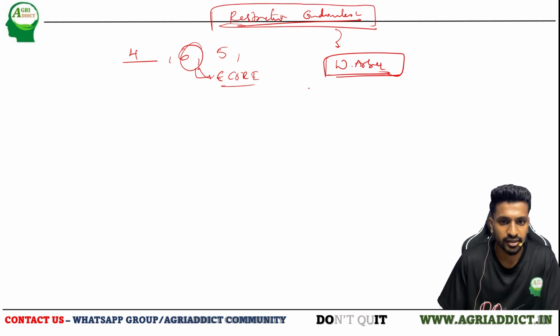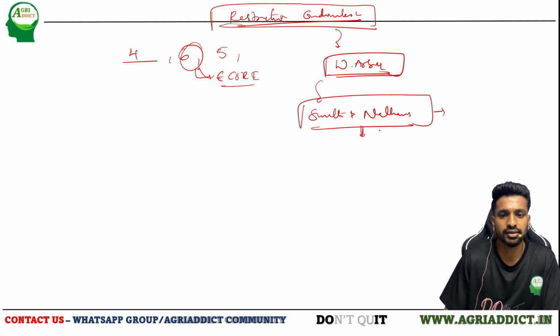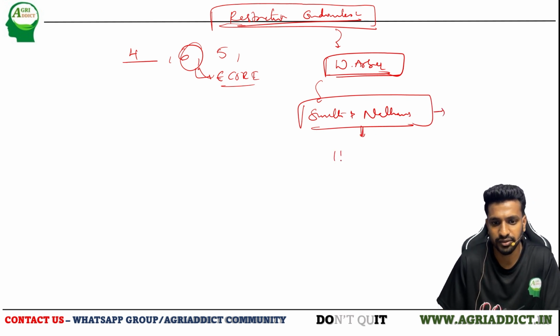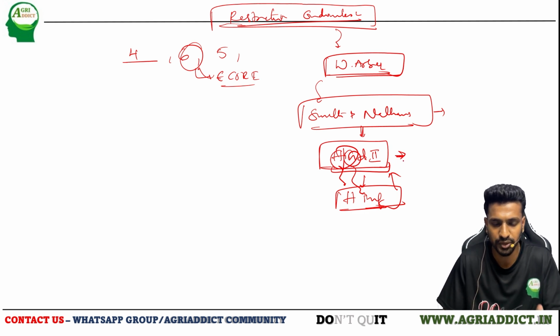After that, there were two scientists, Smith and Nathans, who were the first to isolate a restriction endonuclease, which was named HindII. HindII was derived from a bacterium, Haemophilus influenzae. Just remember the name: H for Haemophilus, in for influenzae. We'll also discuss in detail in the upcoming slides how this name is derived, but for now just know these things.